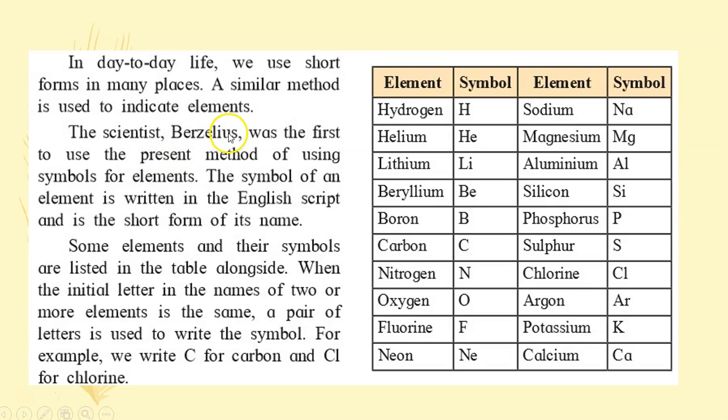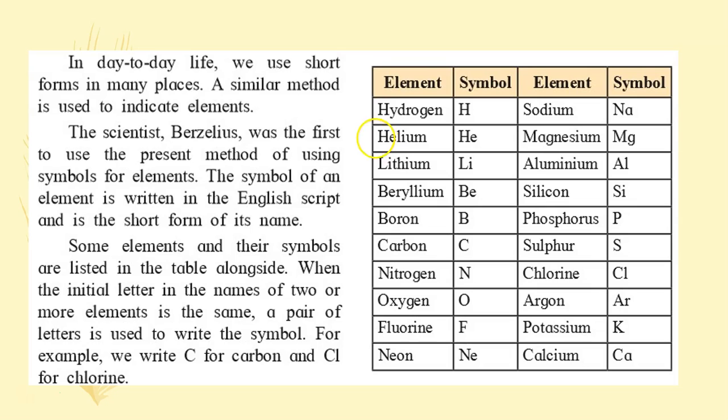Who started using the present method? Scientist J.J. Berzelius. What he did is he took the element and used the first alphabet. So hydrogen is denoted by H. Now again, helium also has H. So he took that H and from the rest of the word he picked out any one particular alphabet.